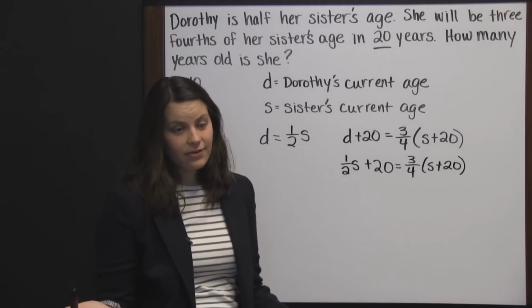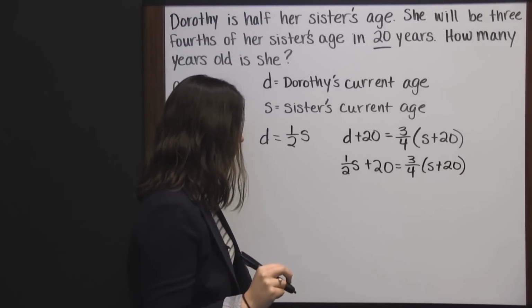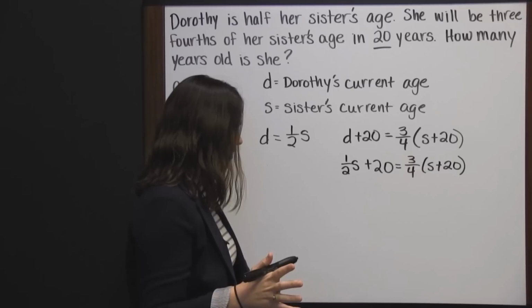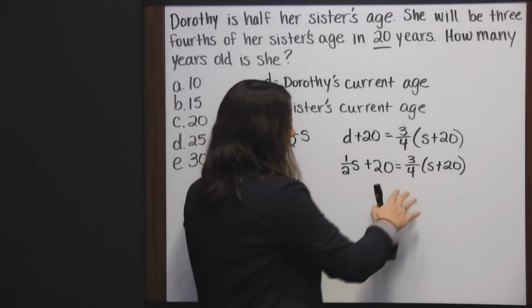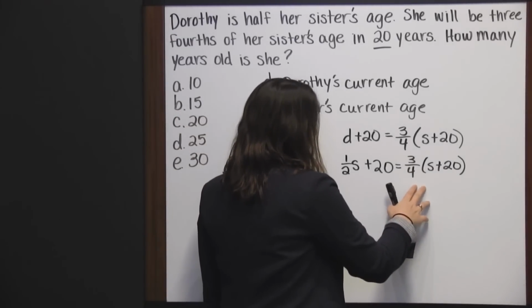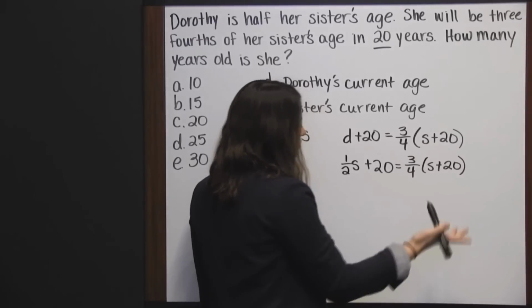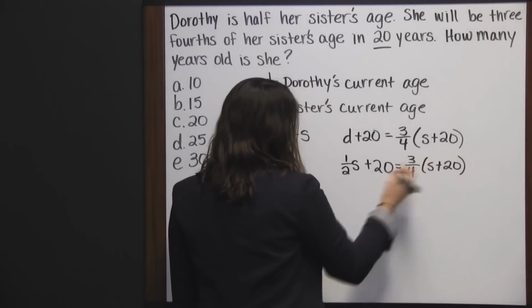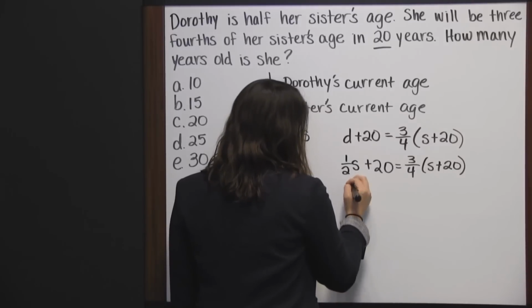Well, from here we have lots of options for solving. And the first thing I think about is, really I just want to get rid of this fraction, this 3/4. So I think I'll start by distributing the 3/4 to what's inside my parentheses.